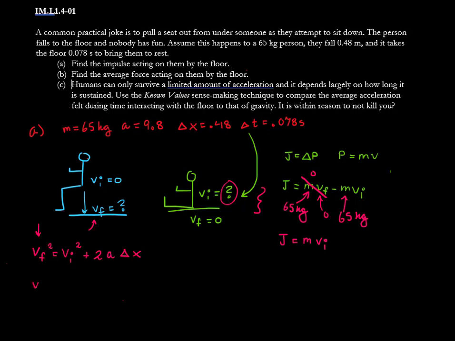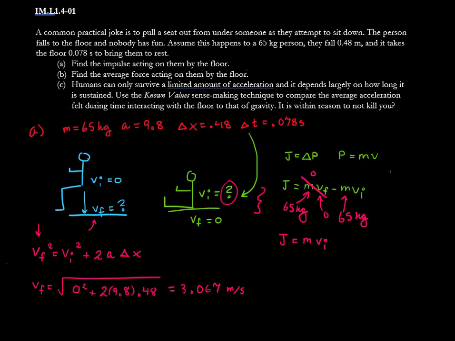Velocity final equals square root of 0 squared plus 2 times 9.8 times change in x, which they've told us is 0.48. And all of that comes out to 3.067. That's the final velocity, so that's in meters per second.